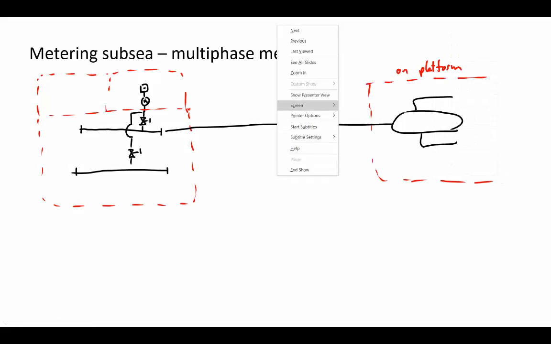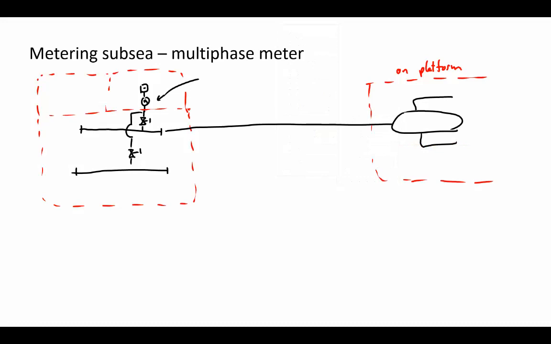Okay, and what we were saying here is that if you have enough funds, if your wells are good producers, then you want to make a multi-phase meter for each well. Or you can have another arrangement. I'm going to put it here with the other well on the other side.